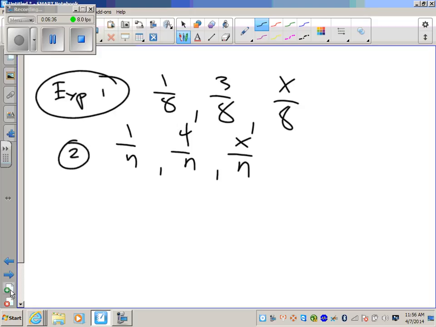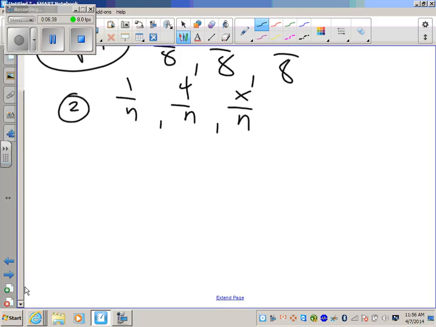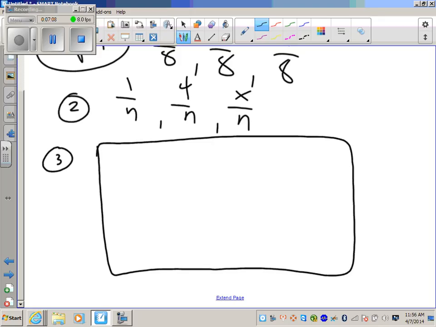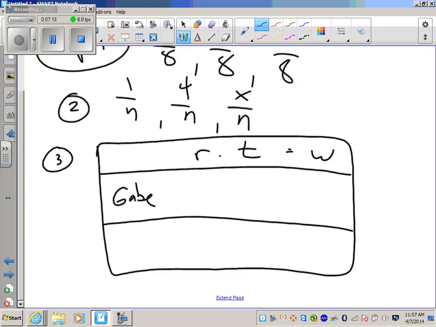Now, let's take a look at number 3. Gabe can do a job alone in 8 days. Stephen can do the same job alone in 10 days. What part of the job can Gabe do in 1 day? In X days, what part can he? How about let's solve this? They're just asking you the same thing that they asked you in 1 and 2. They're just having 2 guys. So let's set this up. Give ourselves our little chart. R times T equals W. We got Gabe. We got Stephen.